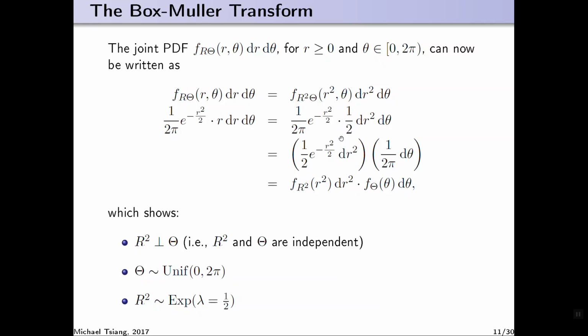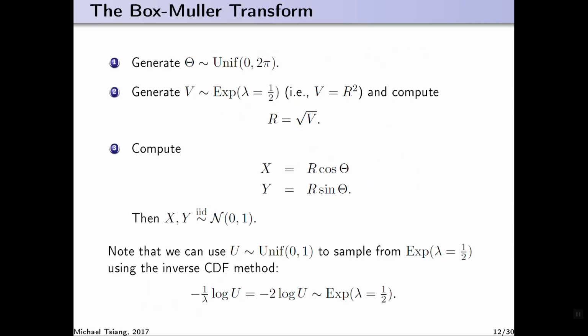Again, these are products of each other, so r squared and theta are independent, so we can generate r squared and theta independently, and combine those together to get the joint distribution of r squared and theta. Then we can convert back to x and y, which are going to be in our standard normal here.